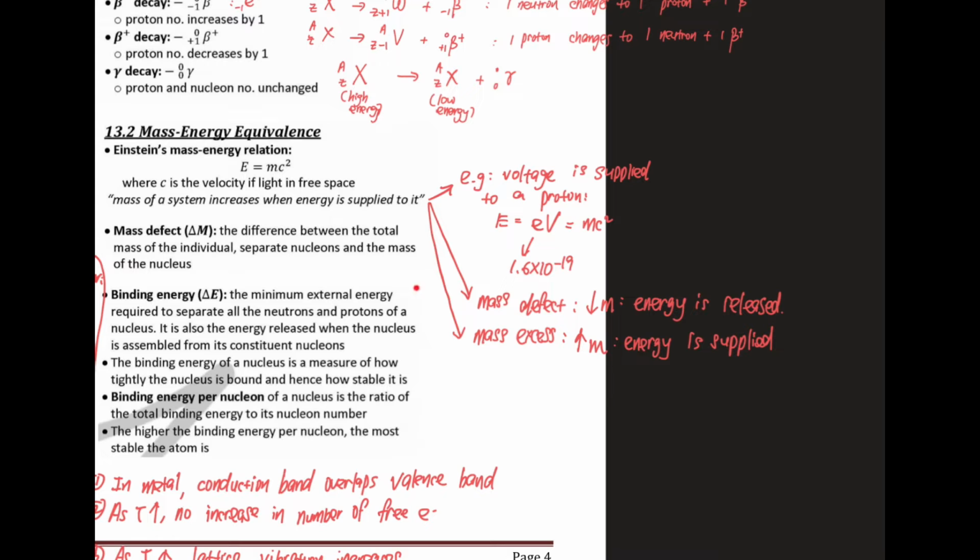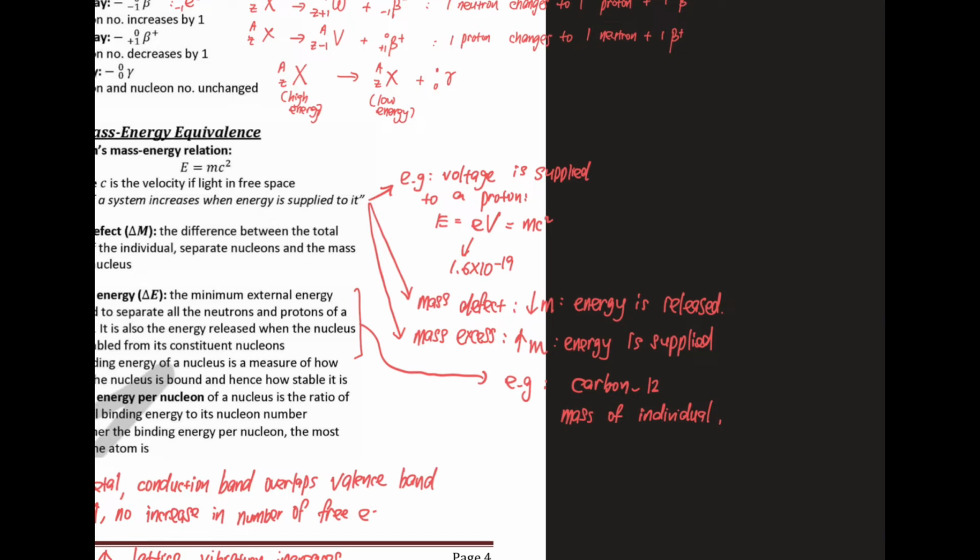Okay, I give you one example for binding energy. Example, carbon 12. So first, mass of individual and separate nucleons.